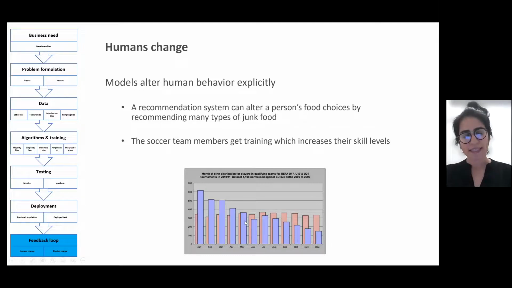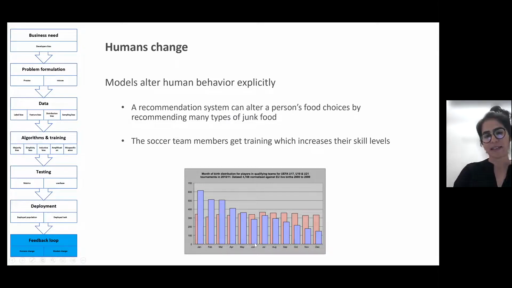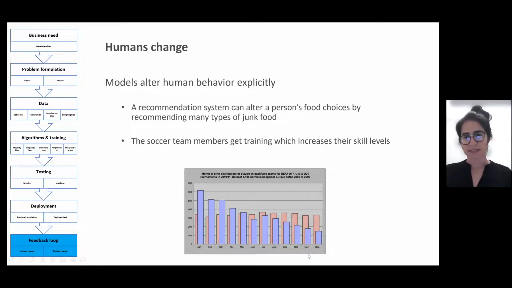But when they look at soccer team members, they saw that the probability of being born in the first 3 months, January, February, March, is higher than being born in October, November, December. So if you are 25 years old, then before that, when they want to decide the age of a person, the cutoff threshold is January. So if you are 25 years old, it doesn't matter if you are 25 and 11 months or 25.